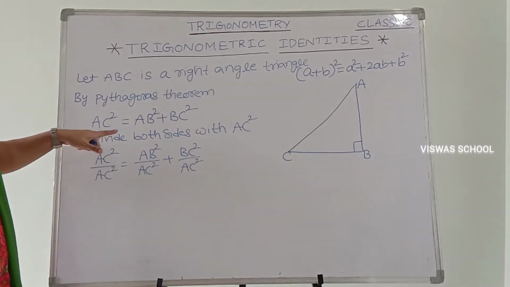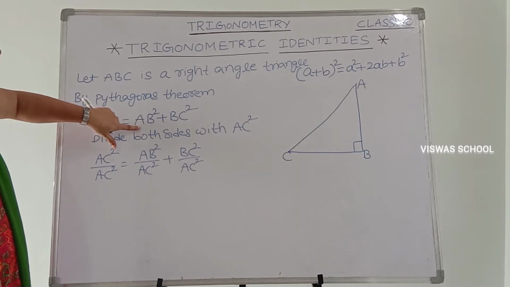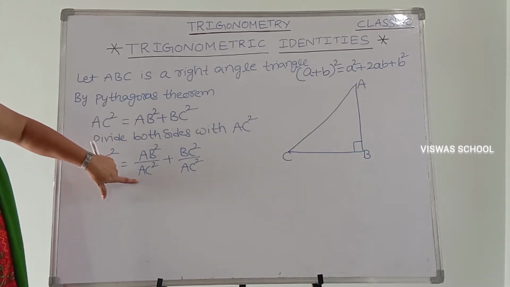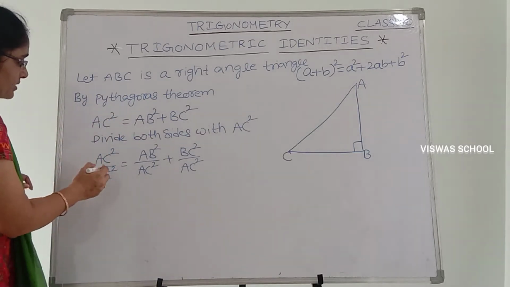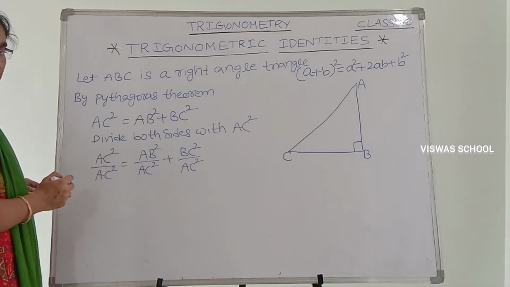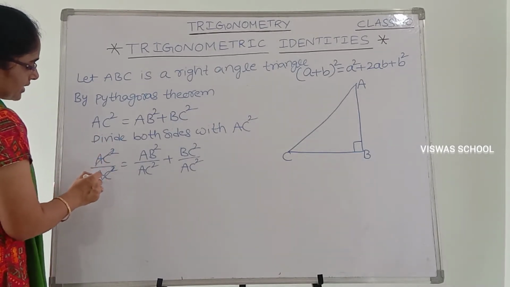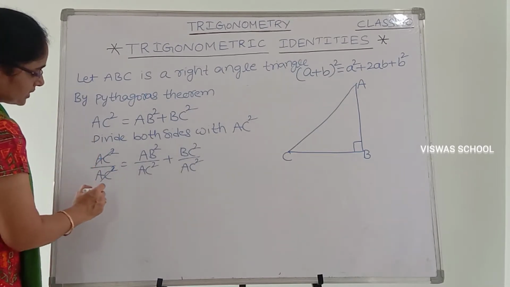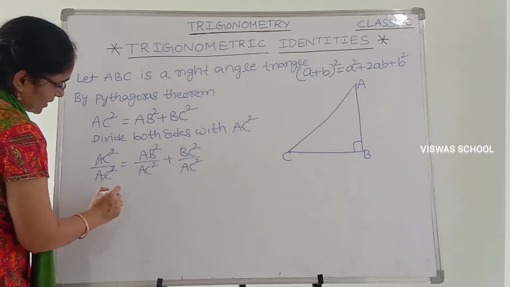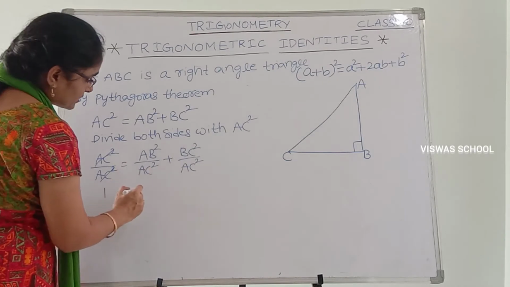That means we are dividing each and every term with AC square. Now write this as AC square by AC square. These two get cancelled and this value is equal to 1.